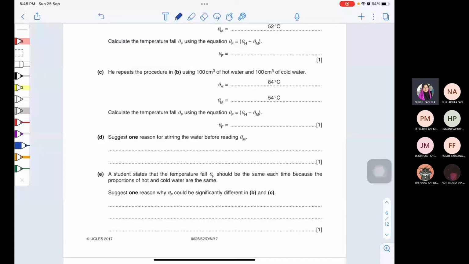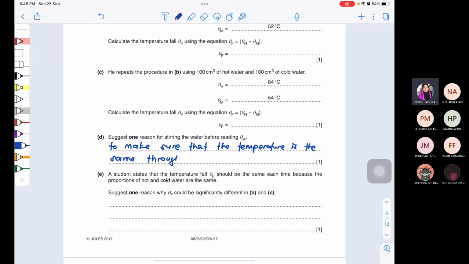Yes, to make sure the temperature is the same throughout the experiment.